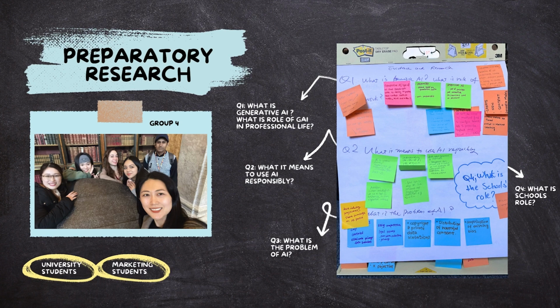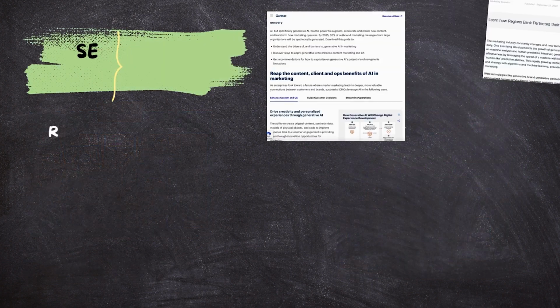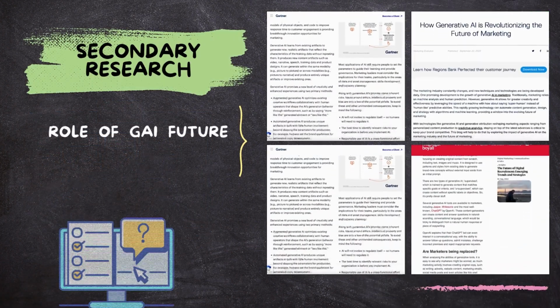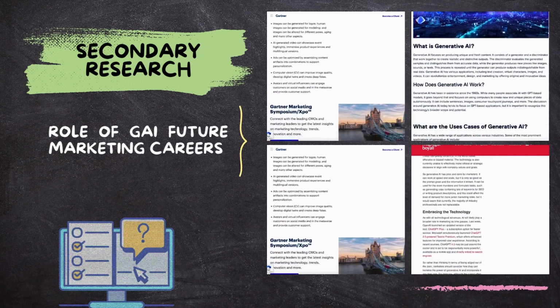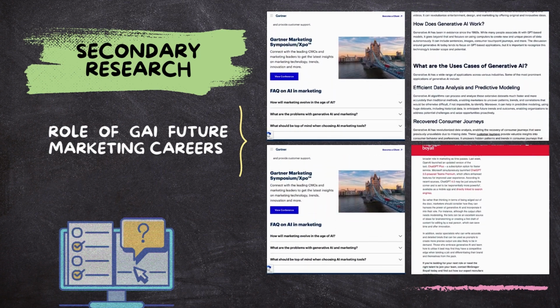In the second stage of the research process, my team and I decided to continue with secondary research, not only to find answers to the questions during the preparatory study, but also to take safe steps. I've done secondary research about the role of generative AI in future marketing careers.